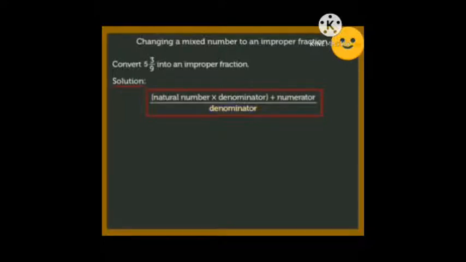Now we will put the values: 5 and 3 upon 9 is equal to 5 multiplied by 9 plus 3 upon 9. 5 nines are 45 plus 3 upon 9. So 45 plus 3 is 48 upon 9. It means 5 and 3 upon 9 is equal to 48 upon 9.